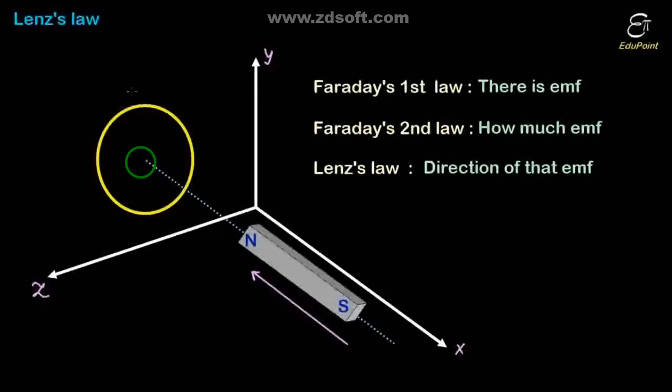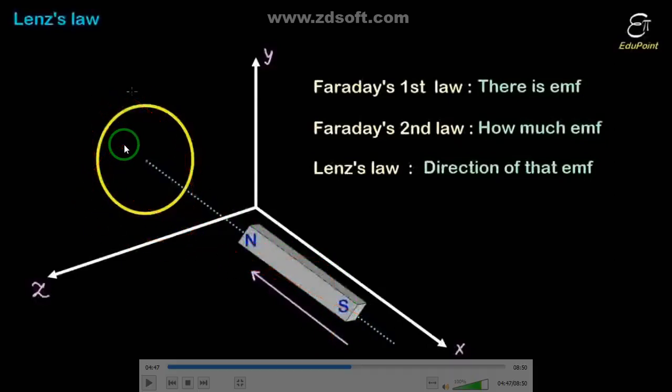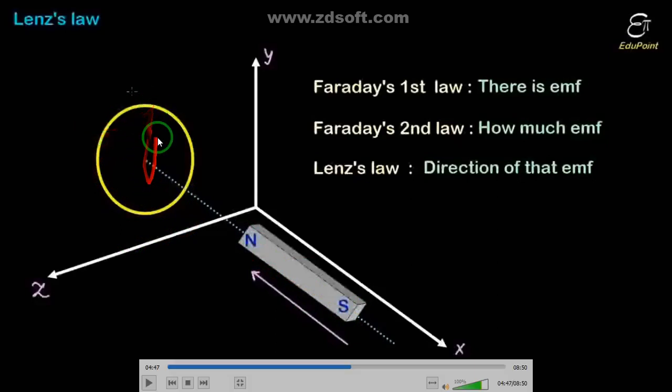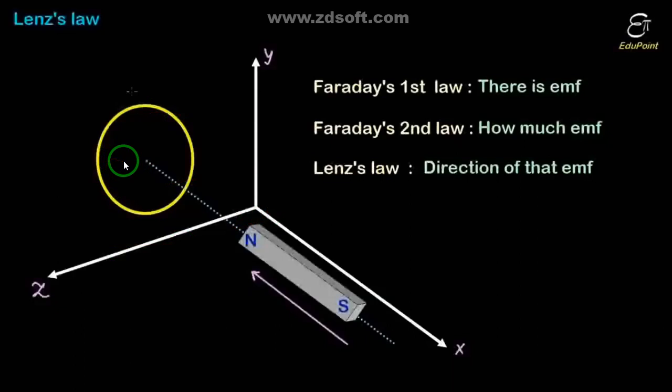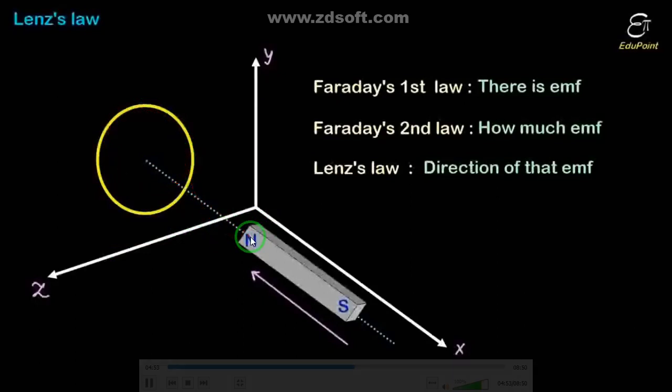Then we have to know that in that conductor also, according to this magnet, it will produce some magnetic poles. What pole will be produced here? This magnetic flux is produced by the north pole.